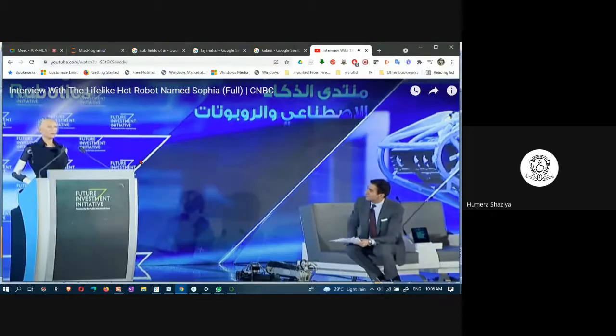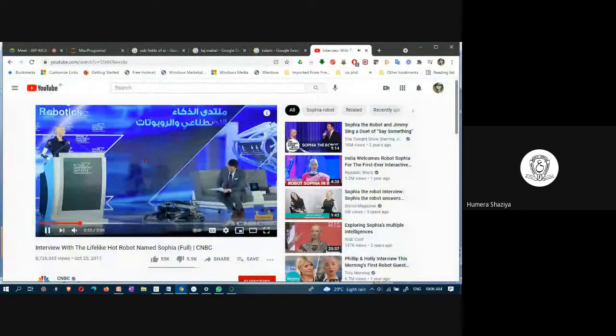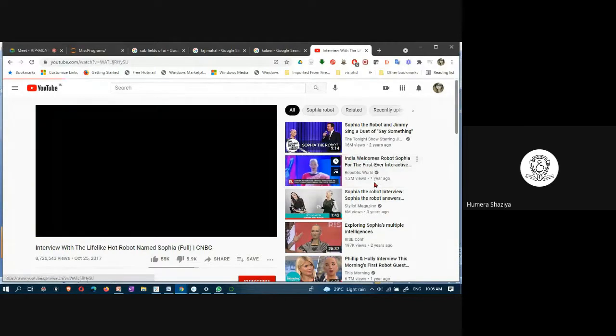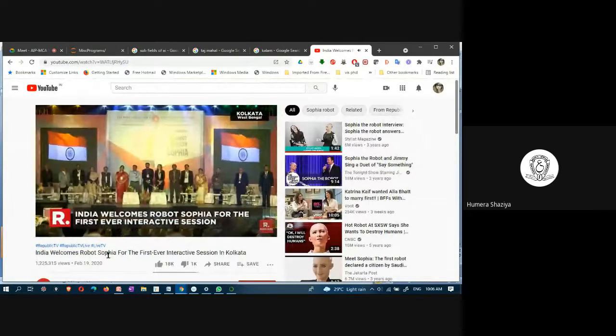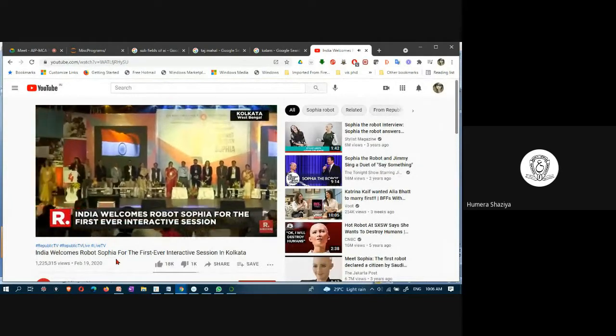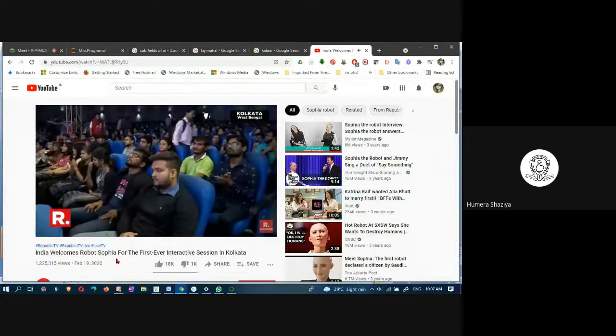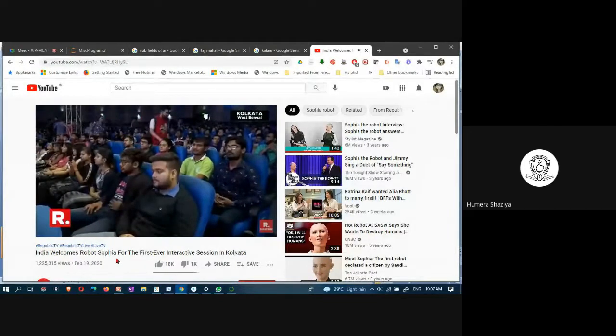So this is also an area of AI, to develop humanoid robots that look like humans. Last year Sophia visited India. See, India welcomes robot Sophia. I think it is at IIT Bombay.